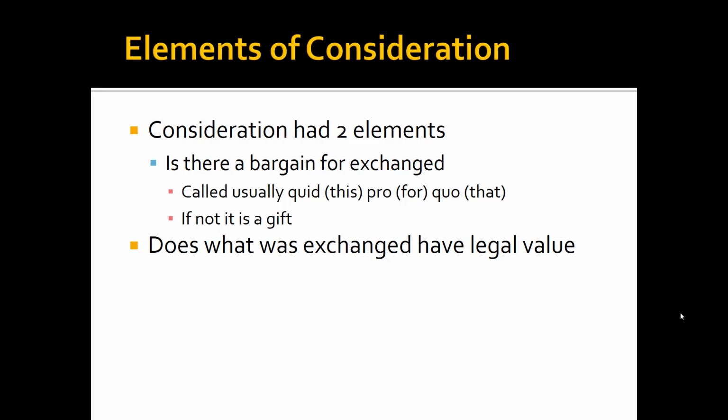We're going to be using that legal term, that Latin term that I introduced in the general discussion of contracts in that first chapter, of quid pro quo. Quid meaning literally this, pro for, quo that: this for that.